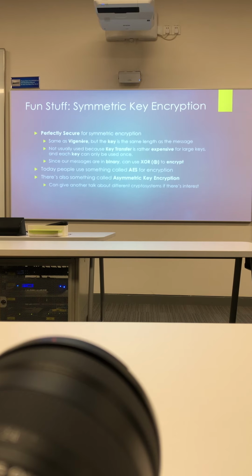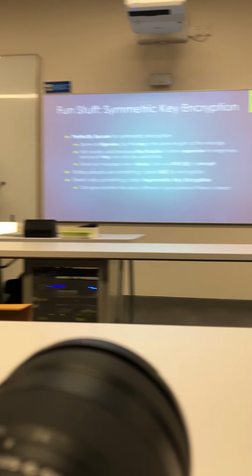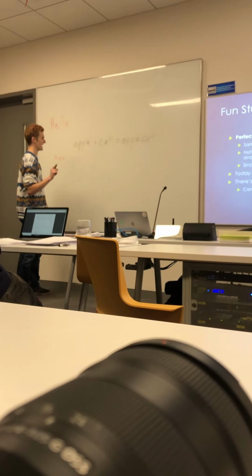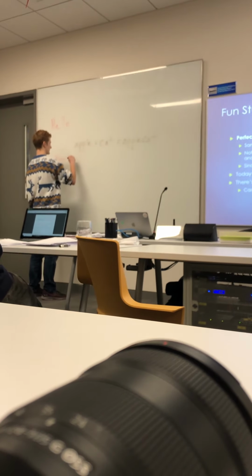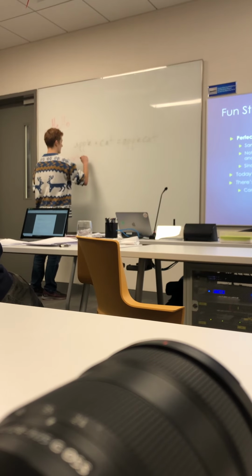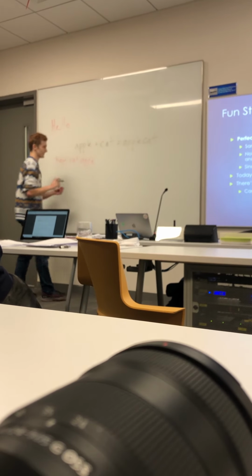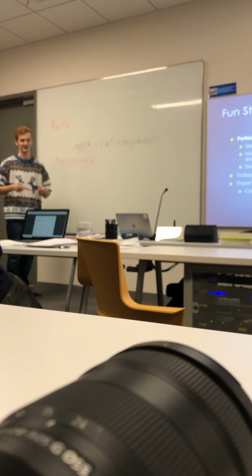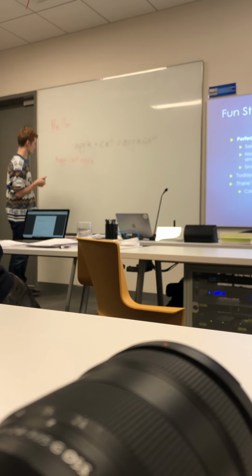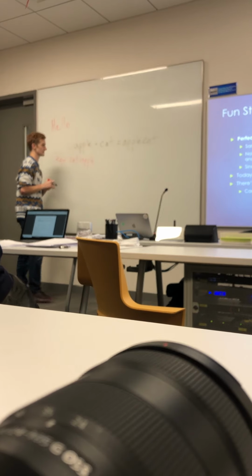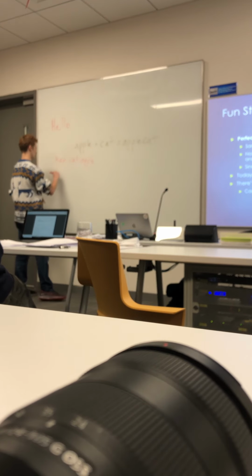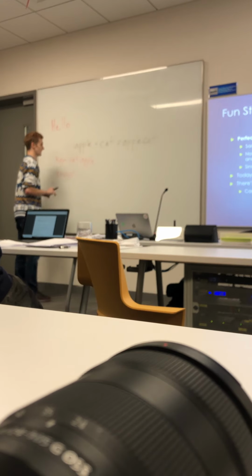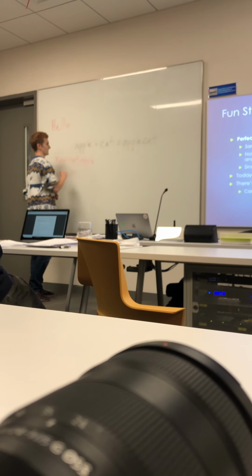Say we're trying to send the message apple cat, and our key is going to be cat apple. But in real life, you'd want to do something that is completely random. And so then, in order to encrypt, you're just going to add these two things together.